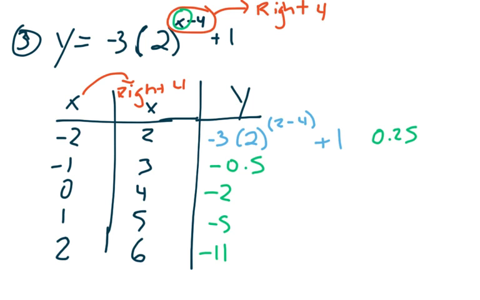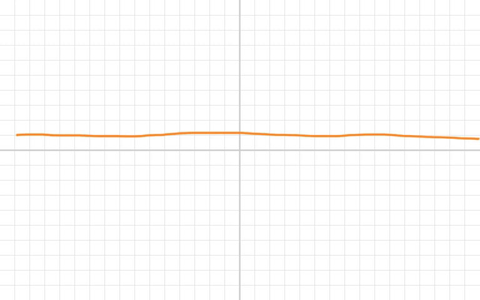So then we're going to go ahead. Your horizontal asymptote here is at y equals 1. So go ahead, we're going to graph y equals 1. That's a horizontal asymptote. And then we're going to plot the points.